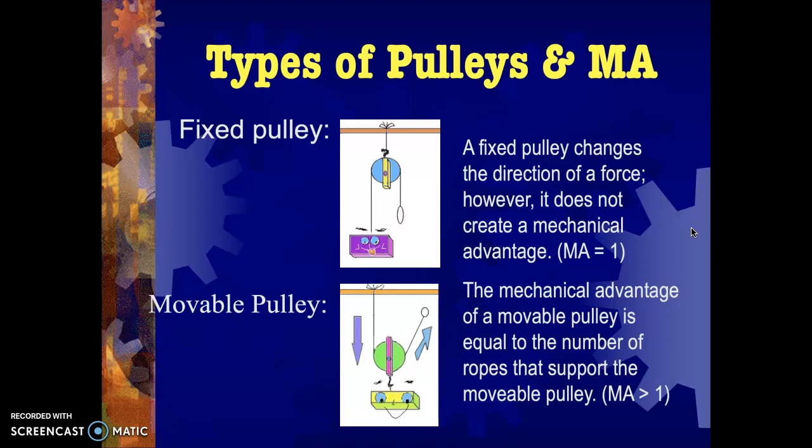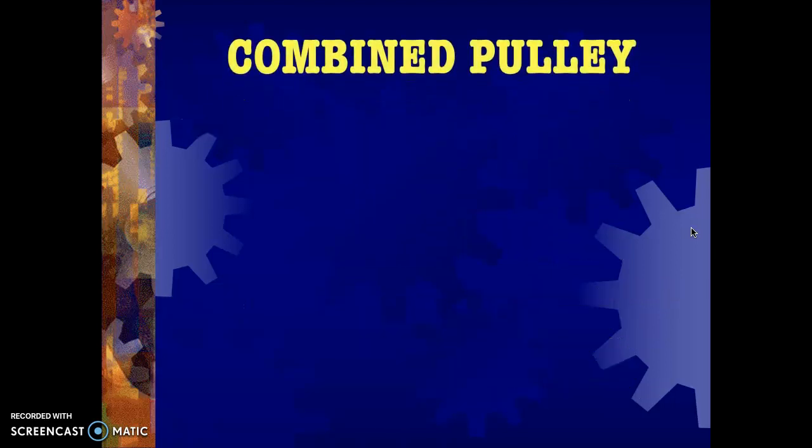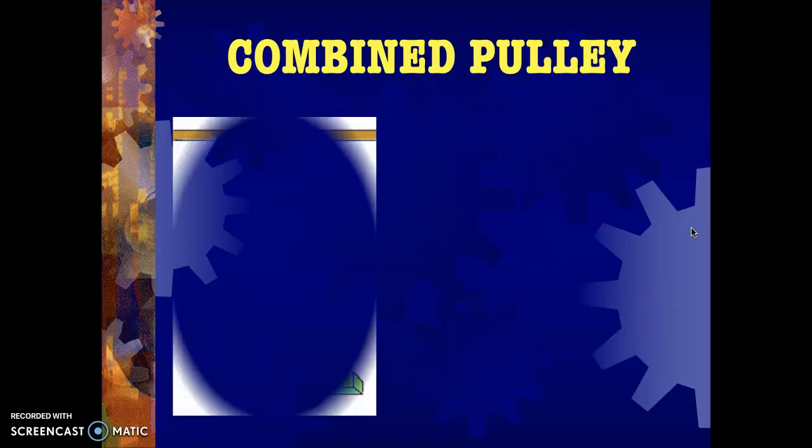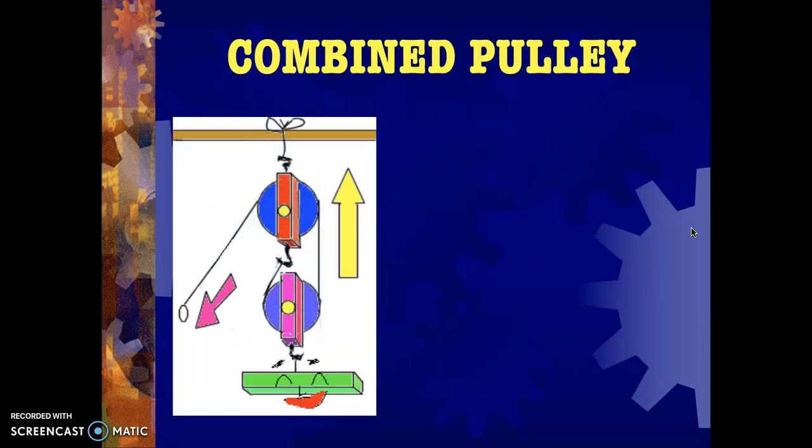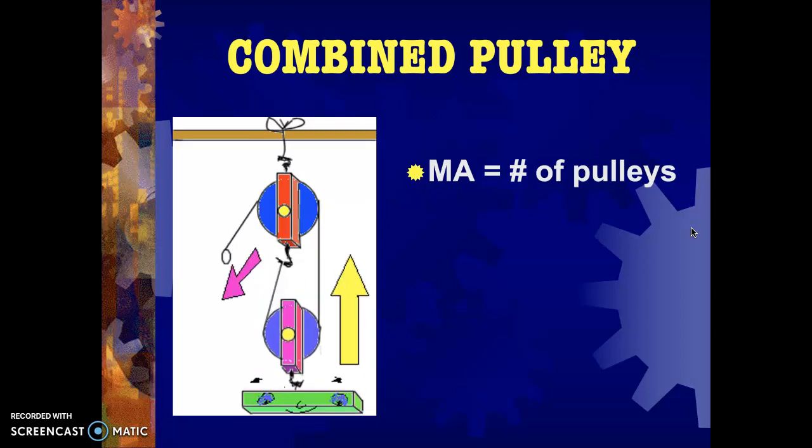Okay, and then that leads us to our 3rd type, and that is when we combine the first 2. You can see here we have combined a fixed pulley with a movable pulley, and now we have a combined pulley. Okay, this is real simple. We count the number of wheel and axles involved.